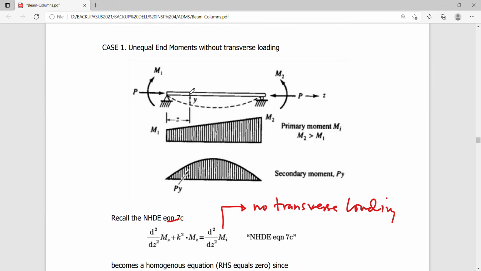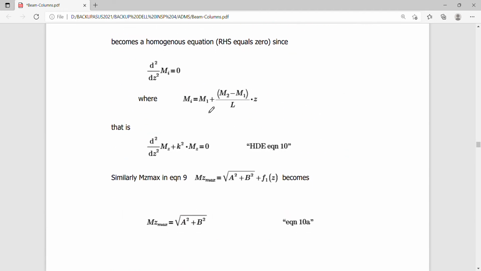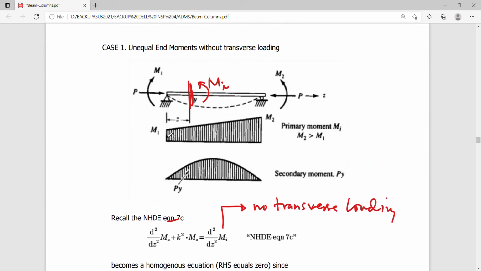If we cut a section at c distance from the left support here, your Mi is simply equivalent to the initial plus a certain increase, no, due to the gradient or slope coming from the M2 over M1 values.